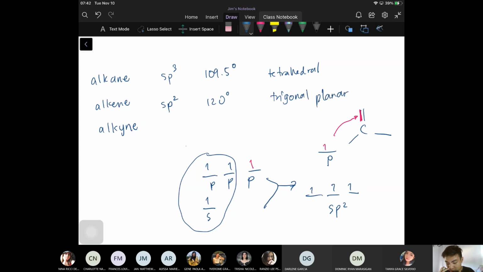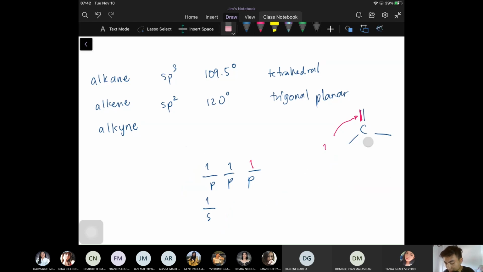May more details dito, nasa lecture nyo yan, ha? Pinapasadahan lang natin ngayon. And then for alkynes, instead of using 3, ang ginagamit ni carbon ay dalawa lang. So that means there are 2 bonding groups around that carbon. So ito yung mga sp hybridized orbitals.